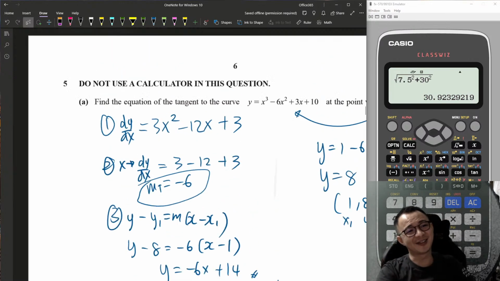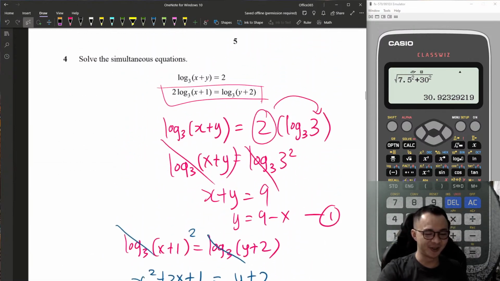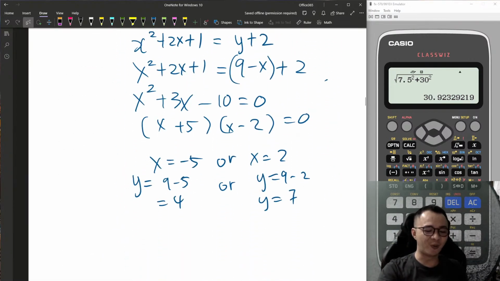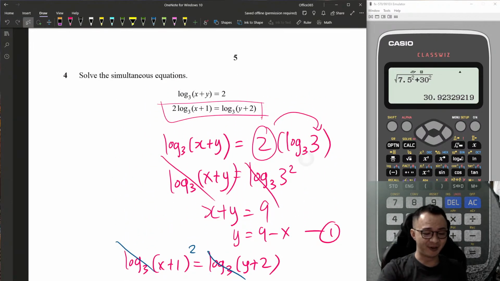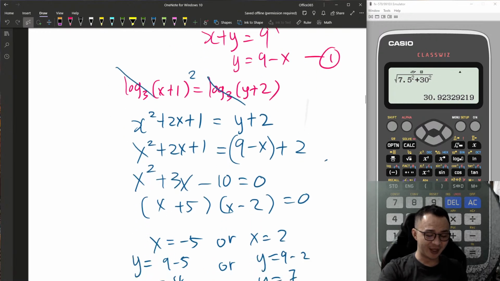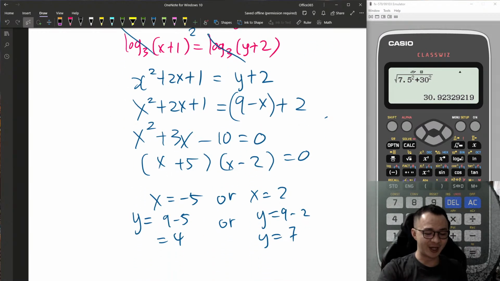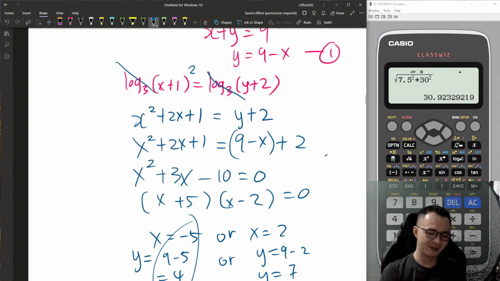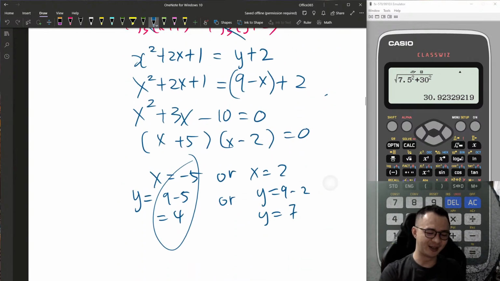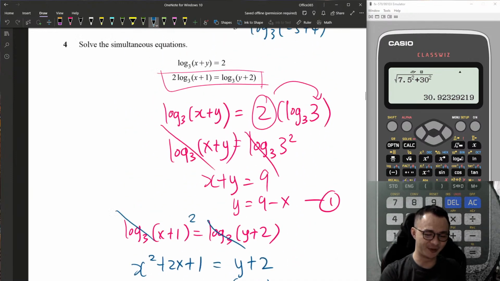Yes, I want to thank Claire again for the log question, because not all the x or y values we can substitute back. We want to make sure we don't get any math error. So when x equals -5, y equals 4, if you sub back into the equation, this one is log base 3 of (-5 plus 4), is it? Yeah, -5 plus 4.